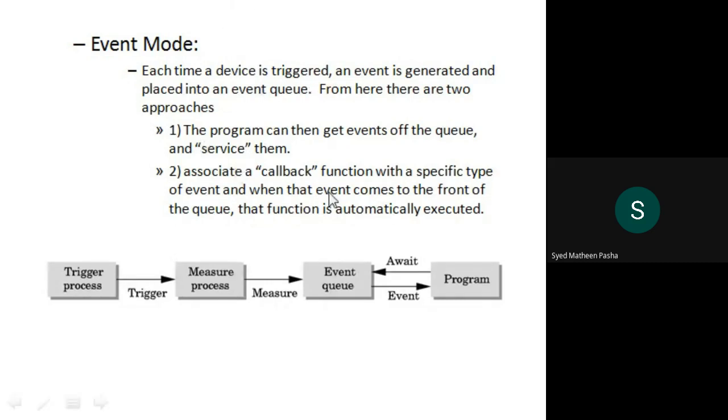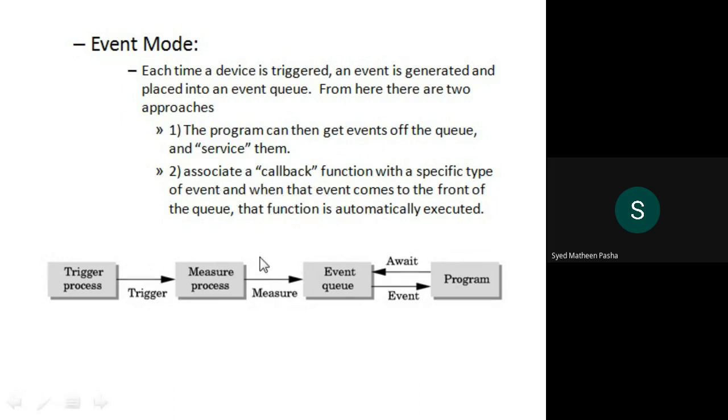Or, it will use a callback function with specific types of events, so that when it comes to the front of the queue, the particular execution is automatically executed. That is, one is servicing the event from the queue and the other is calling back that particular function with respect to the program. So these are the two approaches used in event mode. What is the first approach? You are just servicing the event, taking it out from the queue, and then calling back the particular function of that event.